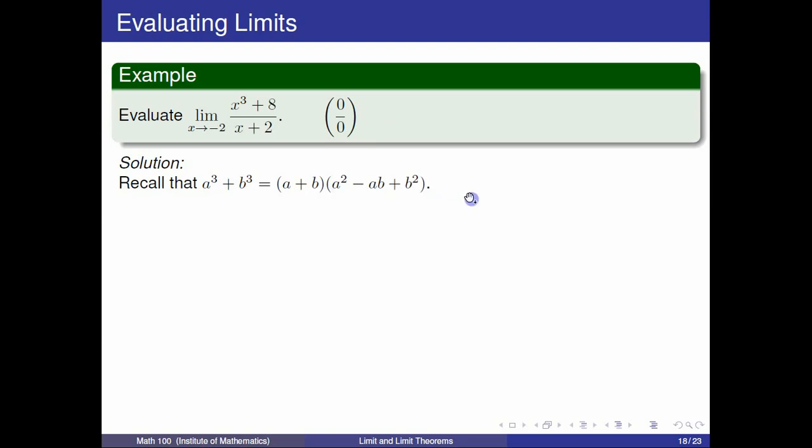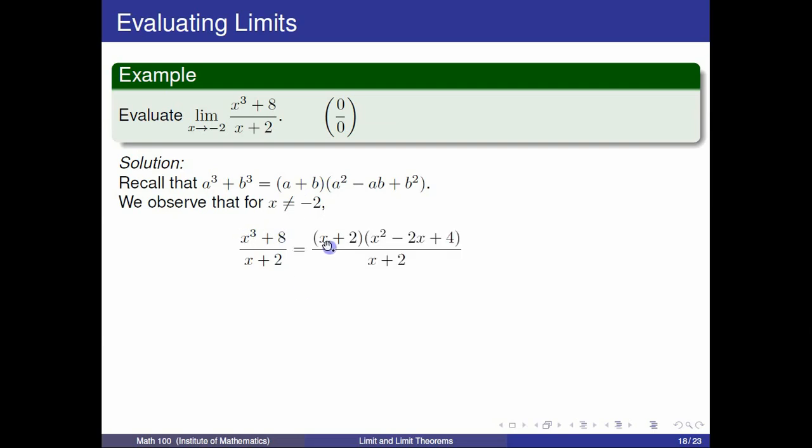So, we use this factorization para kay x cubed plus 8. So, sa x cubed plus 8, ano yung factorization niya? It's x plus 2 times square nito, x squared, product, and then negate, so minus 2x, plus square nito, plus 4, over x plus 2. And since x is not equal to negative 2, si x plus 2 hindi 0, at pwede natin sila i-cancel out.